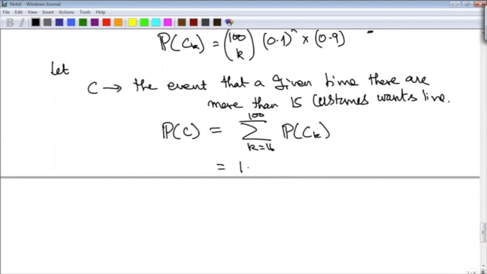This is nothing but 1 minus sigma k equal to 0 to 15 probability of Ck, and that also is a little better than the previous one, but still, I don't know, maybe I calculated by calculator. So this is the final answer.